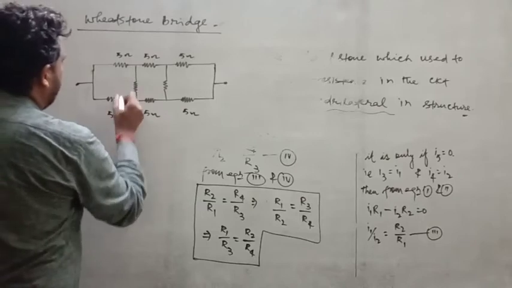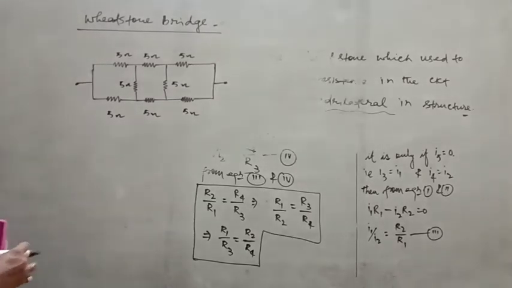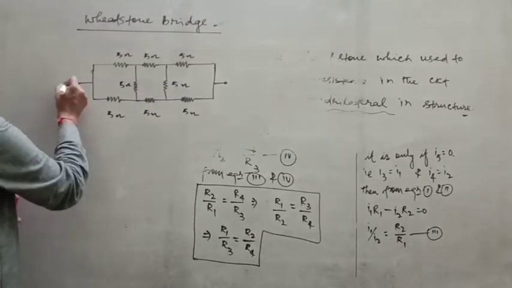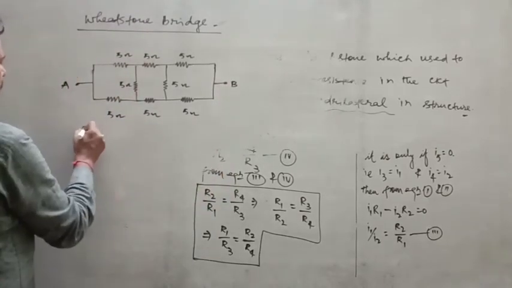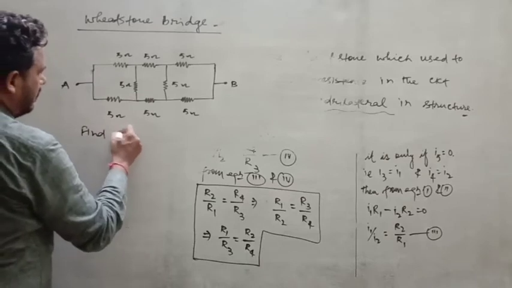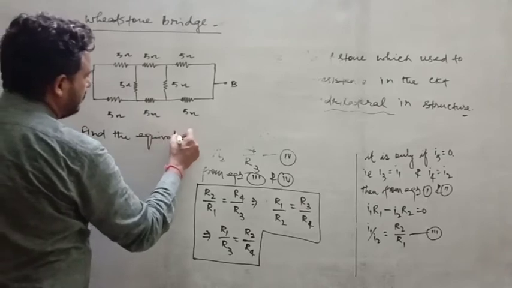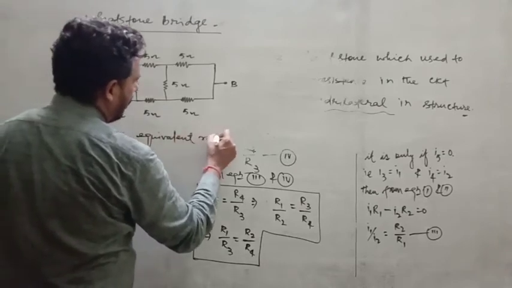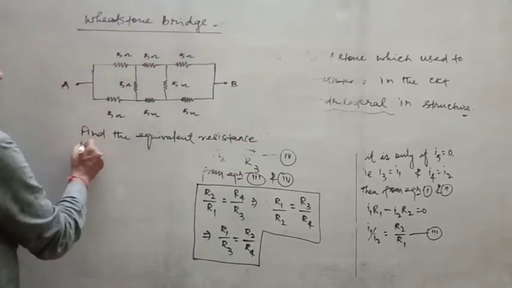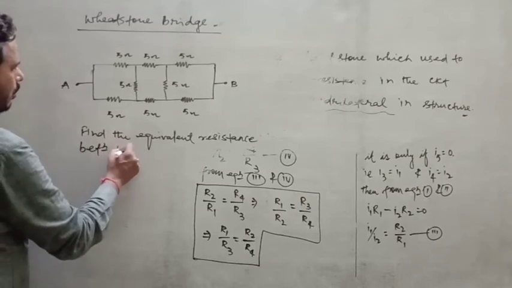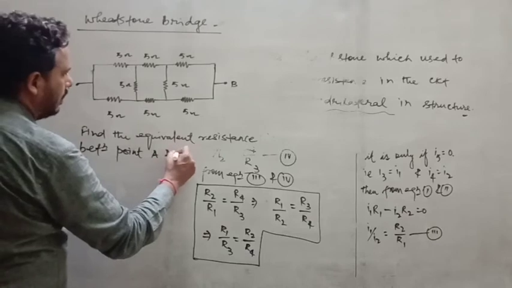Now I want to find the equivalent resistance between points A and B. So the question is: find the equivalent resistance between points A and B.